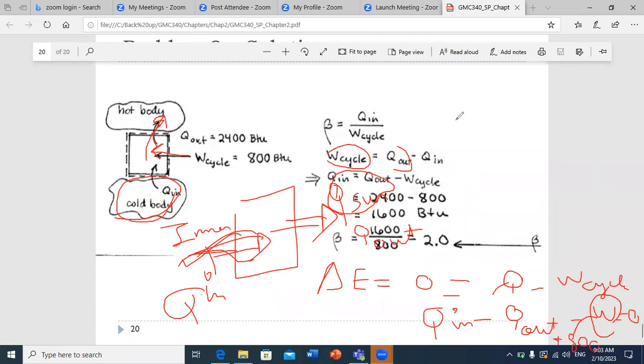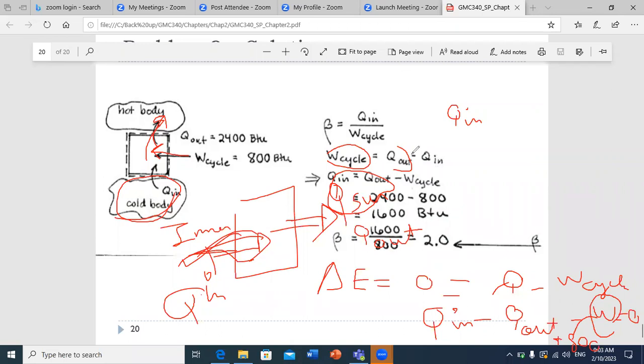Okay, so you deduce that Q_N is equal to... Now if you take it in absolute value, W cycle, that's why they put minus W cycle. But actually, if we follow our convention, we put W as negative here, and minus minus becomes plus.